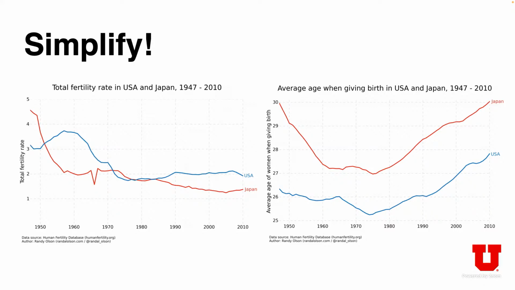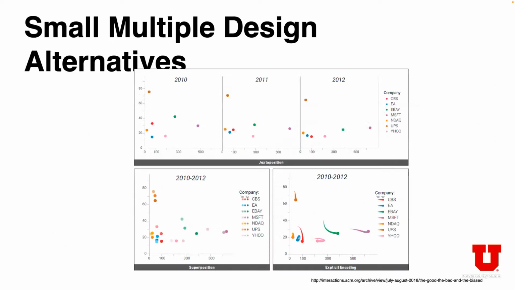But this idea of showing many values or distributions changing over time is an interesting visualization design problem, and there are some other alternatives that people have come up with. So for example, on the top, you just see 3 scatter plots, and the idea is, how do we distill this into one chart? So bottom left, we show superposition.